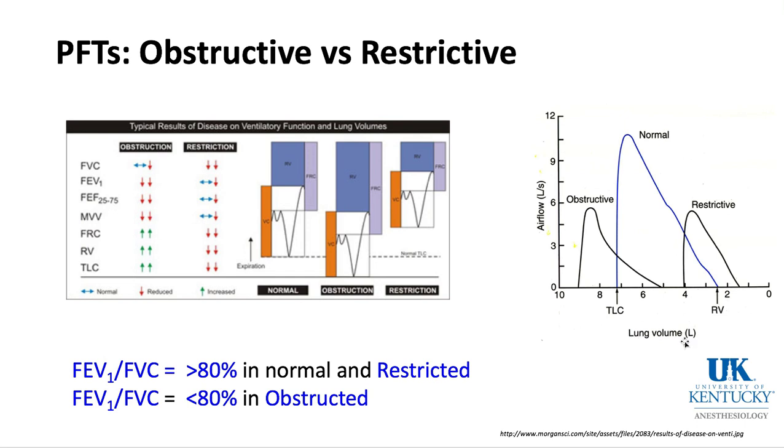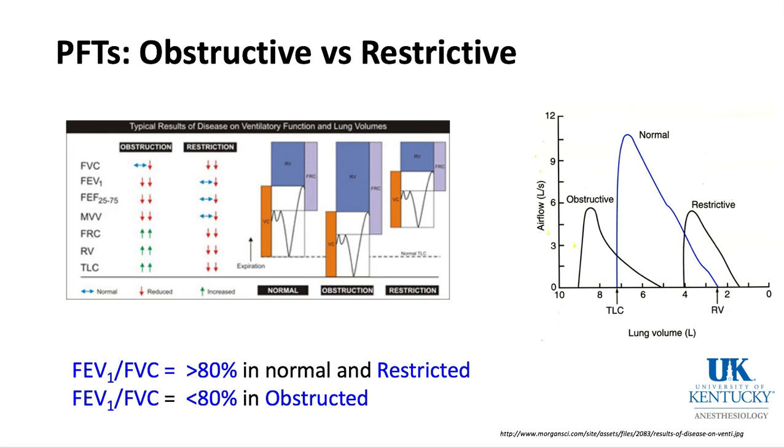If you look at the normal patient in blue, you can see that there are pretty high airflow rates, and you can see that the residual volume is approximately 2.5 liters here, while the restricted lung patient has low flow rates and a very small lung volume compared to the normal patient. The obstructed patient also has low flow rates, but they have a huge lung with a lot of trapped air and large residual volume.